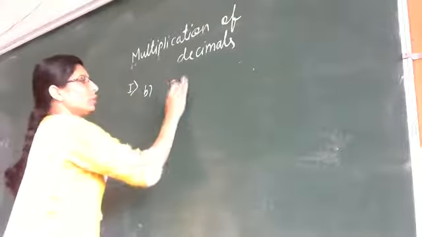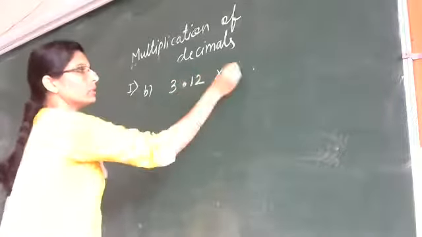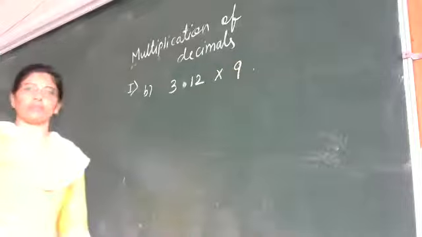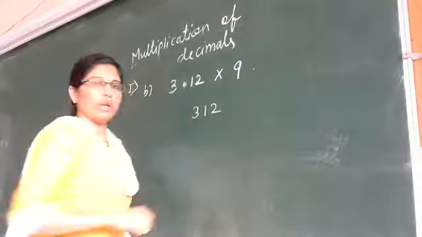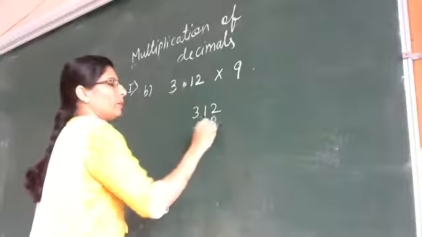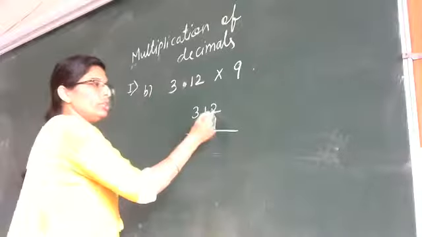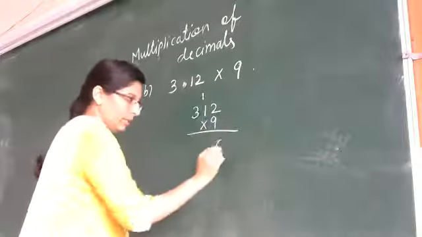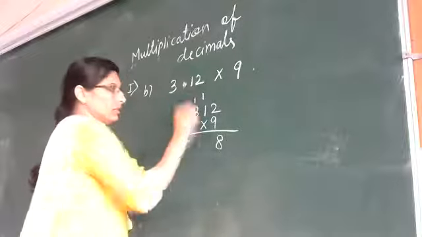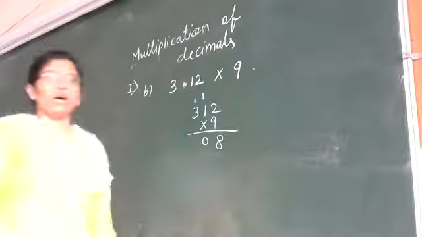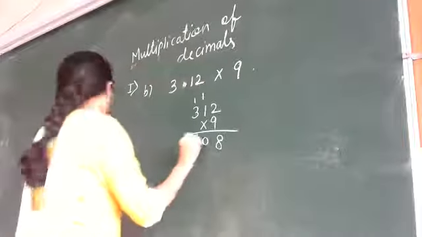3.12 multiplied with 9. So first take the full number 312 and multiply with 9. 9 twos are 18. 9 ones are 9 plus 1, 10. 9 threes are 27 plus 1, 28.